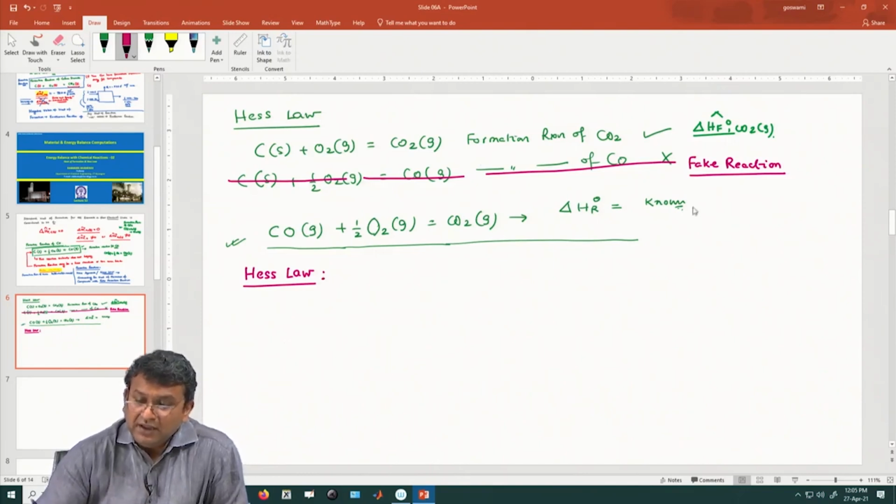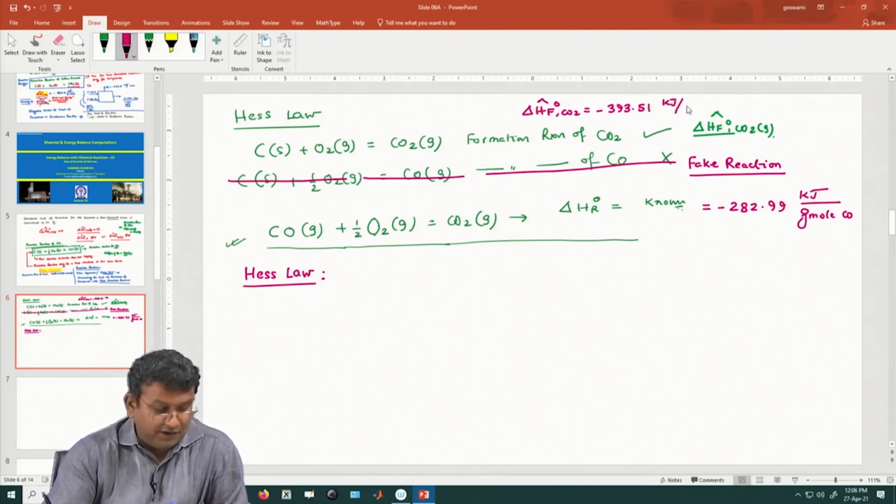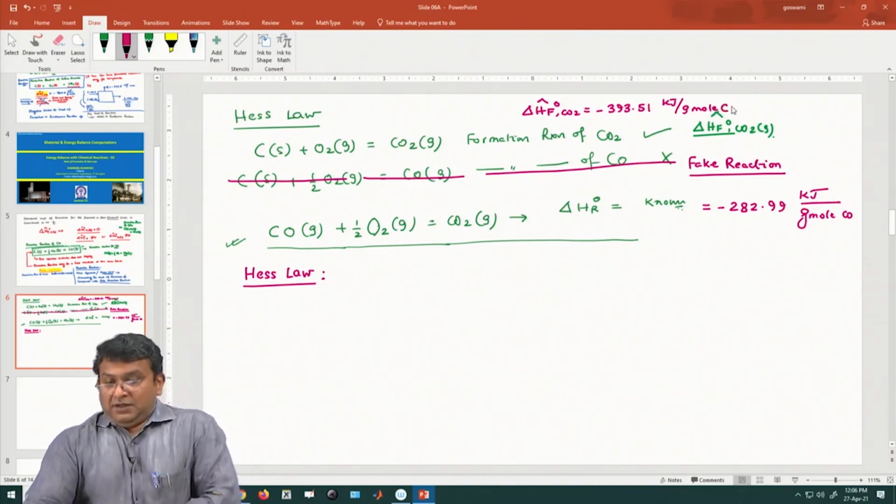This is known, and this turns out to be minus 282.99 kilojoule per gram mole of carbon monoxide, and this value is the heat of formation of carbon dioxide, or the heat of reaction of this particular reaction is minus 393.51 kilojoule per gram mole of carbon.